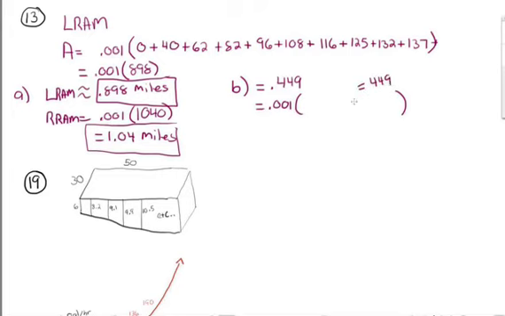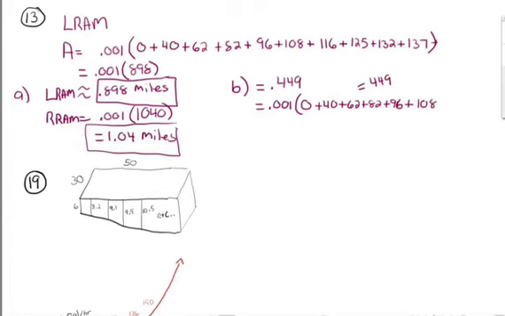So that's going to be the 0 plus the 40 plus the 62. I'm at about 100 right now. Plus 82, so I'm about 180. Plus 96, I'm about 280. Do a little erasing here. Plus 108.